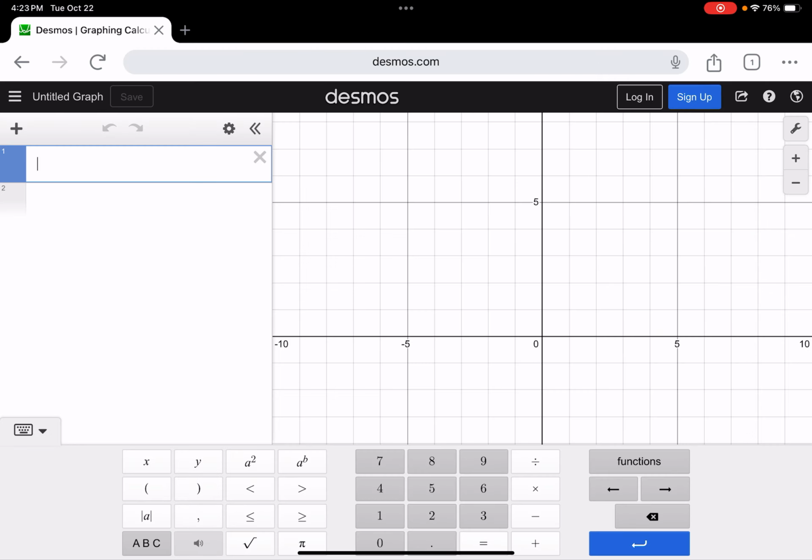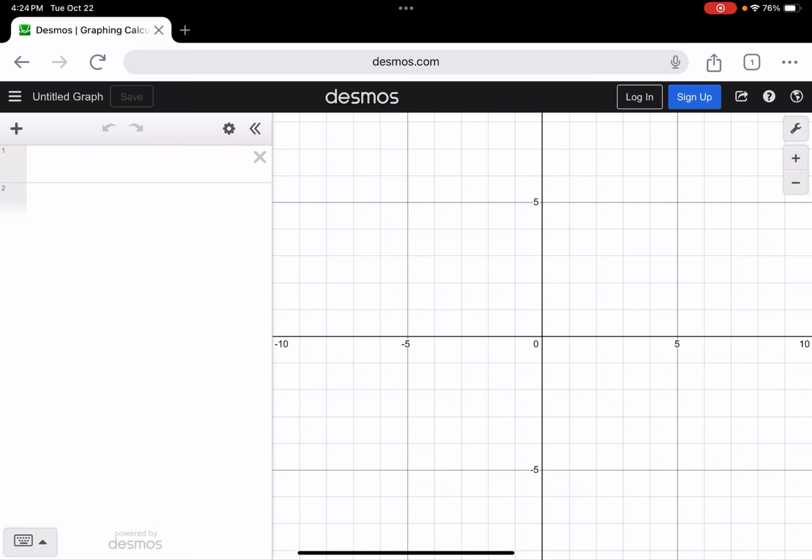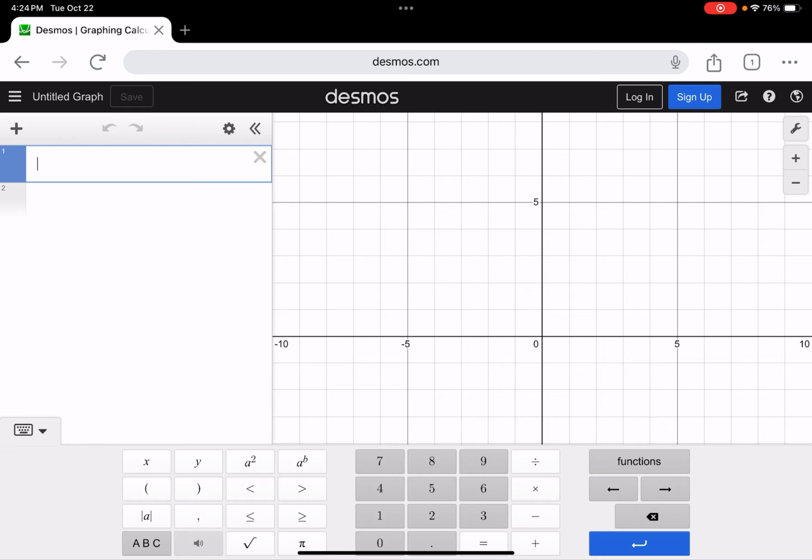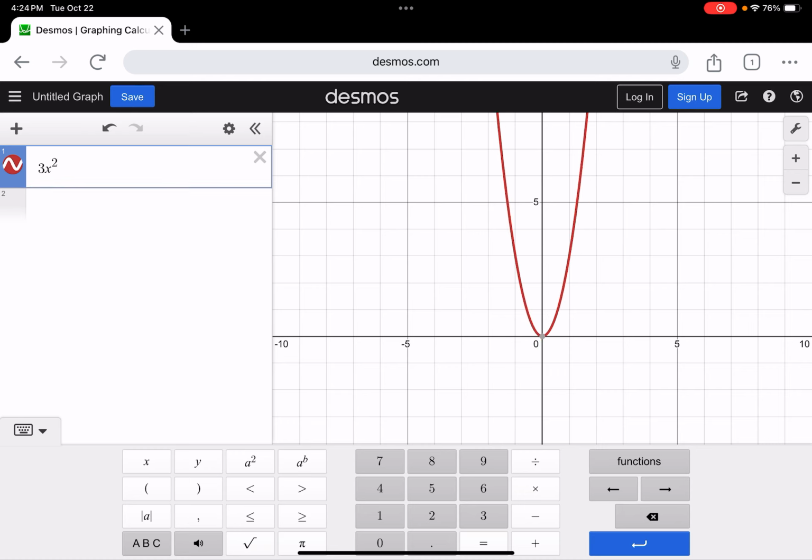All right, another thing I want to show you is how to make a graph on Desmos, specifically a graph that you're working with. Now let's say that I'm working with our previous graph, the one from all these videos, and that is 3x squared minus, okay, let me just type it in, 3x squared minus 5x plus 1.